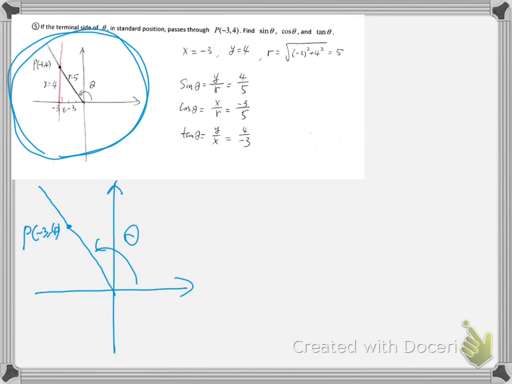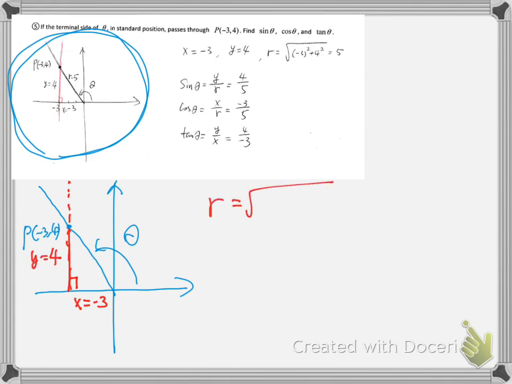How to get the right triangle? We draw a vertical line passing through P, and then we get this right triangle. So what's x here? X is -3 because it's in the second quadrant. So it's not 3, it's -3. And the height y is 4. What's the radius r?